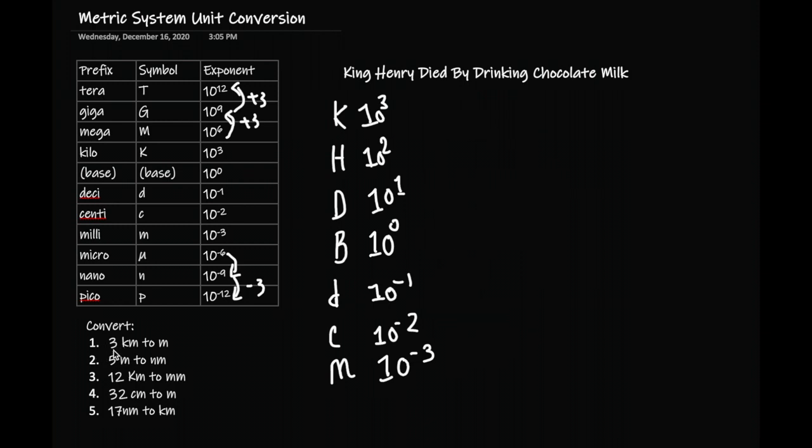Okay, so let's jump into our first example. We want to convert 3 kilometers to meters. The base is meter, so it should be somewhere here. This is meter, and we want to change from kilometer, so it's right here, right? So what do we have to do first?